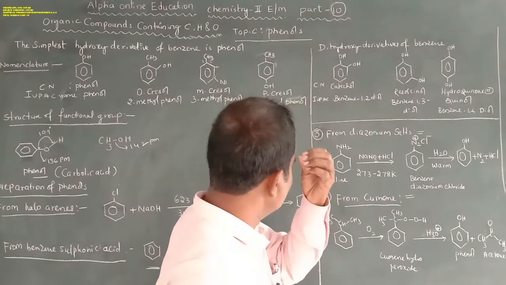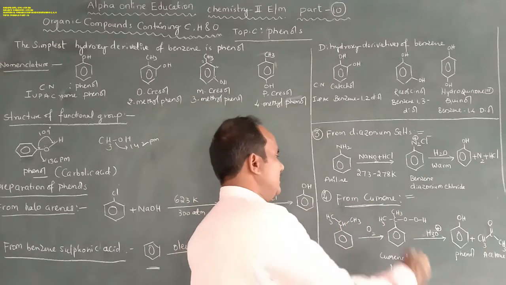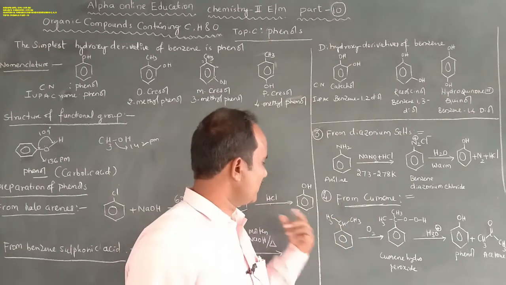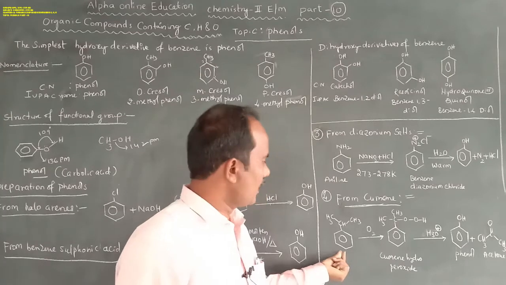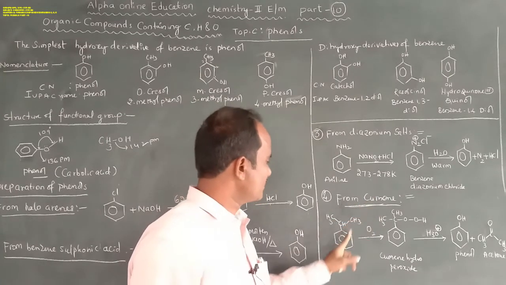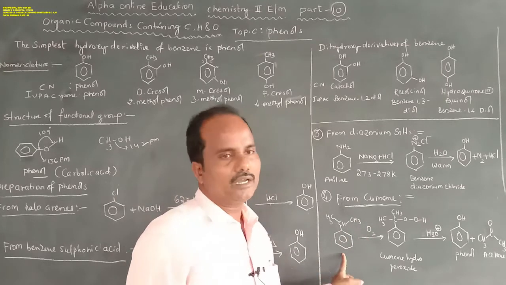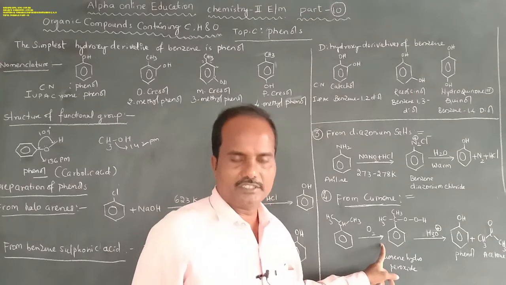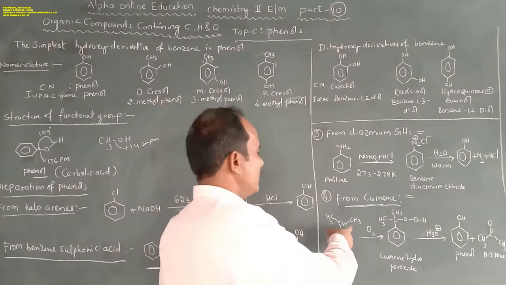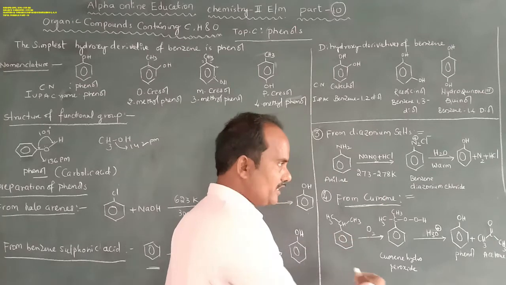The last method is from cumene. Cumene is an aromatic hydrocarbon, that is, isopropyl benzene. Isopropyl benzene is called cumene. This cumene is treated with air. Air consists of oxygen, so isopropyl benzene is oxidized when it is treated with air.